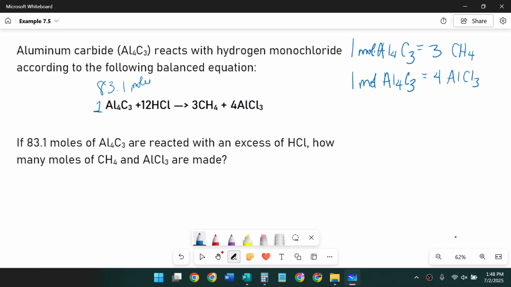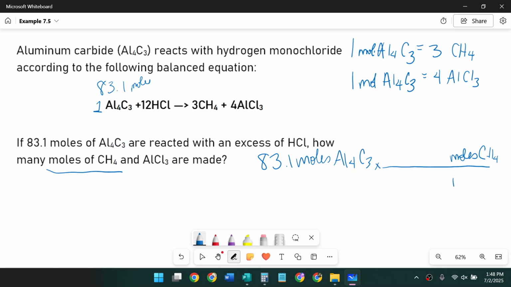Okay. So we used 83.1 moles of Al4C3, and we want to know how many moles of CH4 are going to be made. So that's what we're going for first. So we're going to multiply this by something so that we find the moles of CH4, and we want to get rid of the moles of Al4C3.